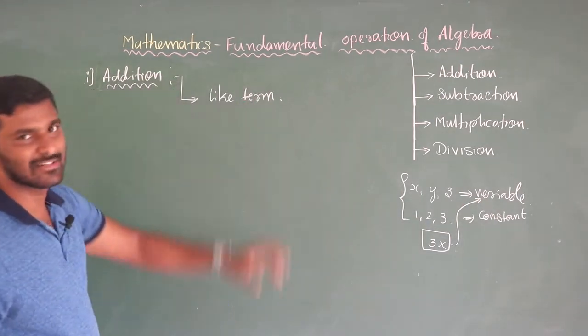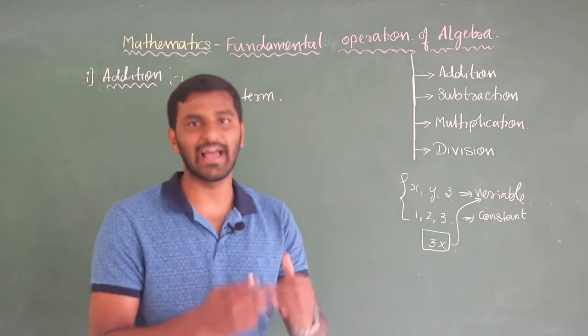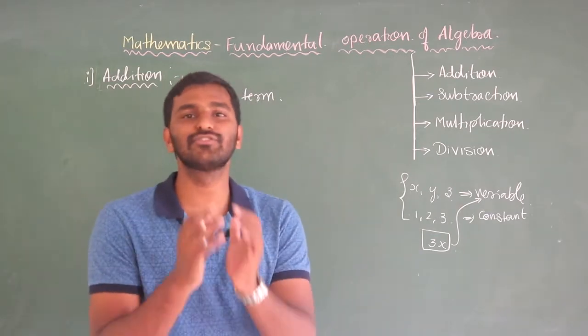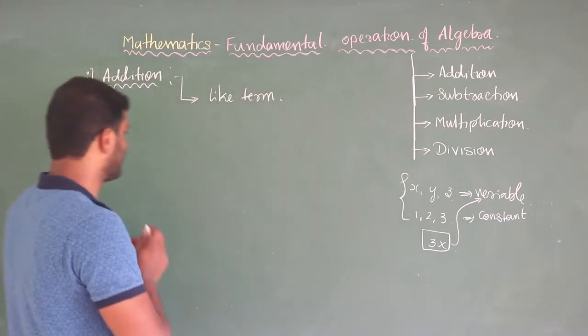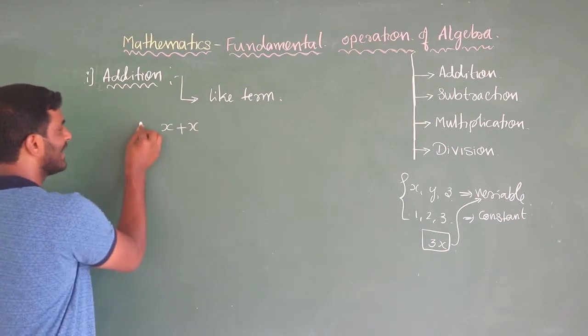So what is the definition of like terms? Like terms have the same base and exponent. Only then is it possible to add the two like terms. For example, x plus x is like terms.